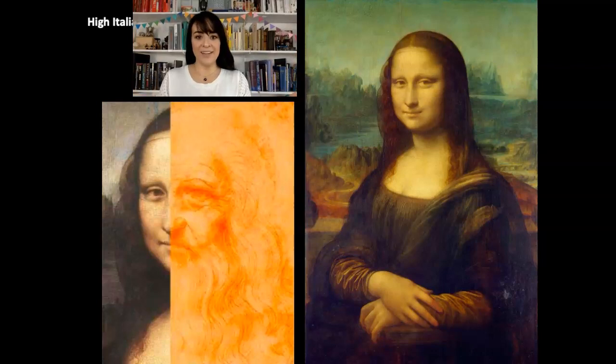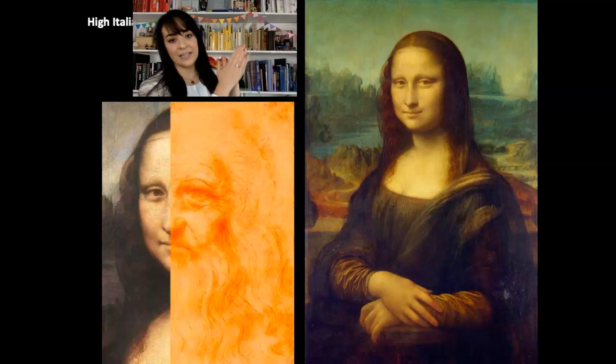We know that Lisa was the wife of a well-off merchant in Florence. So her wearing her hair down is because she's home. She's not out in public. This again would have been viewed in the family home.